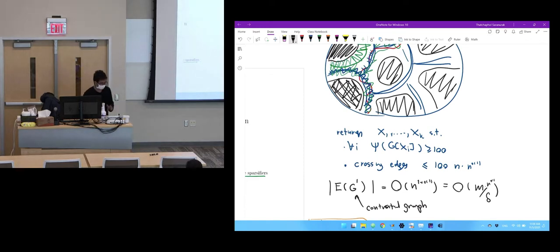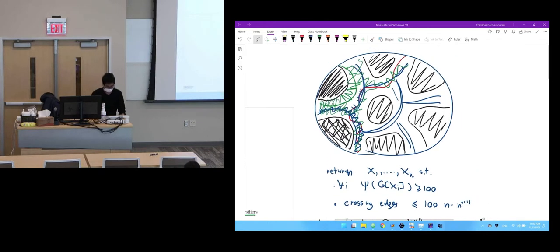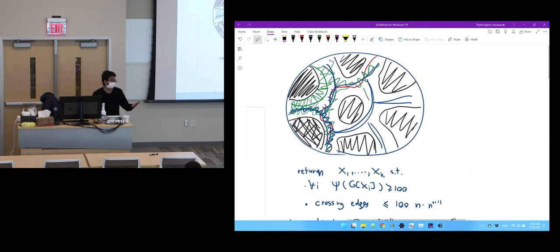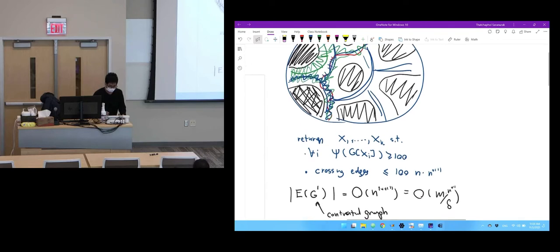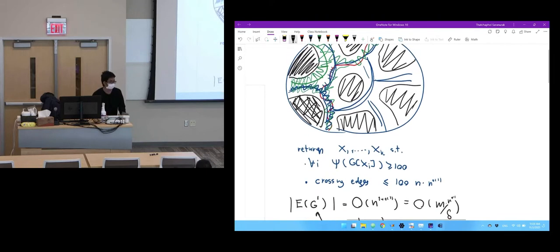Now I want to ask you, we want to bound the number of vertices. We want to show that the number of vertices is roughly n over delta.